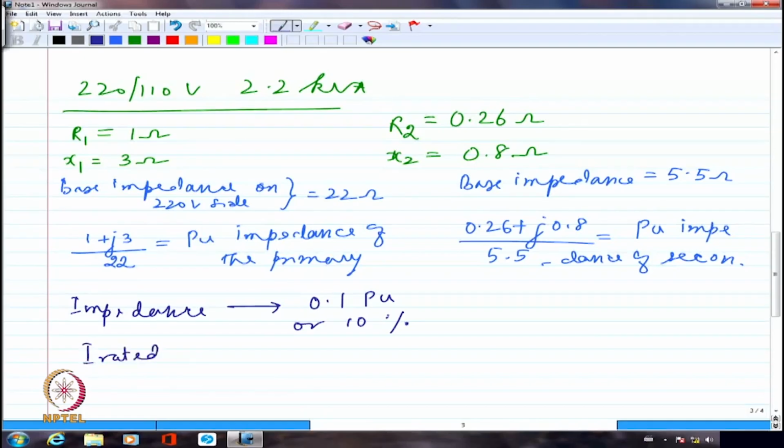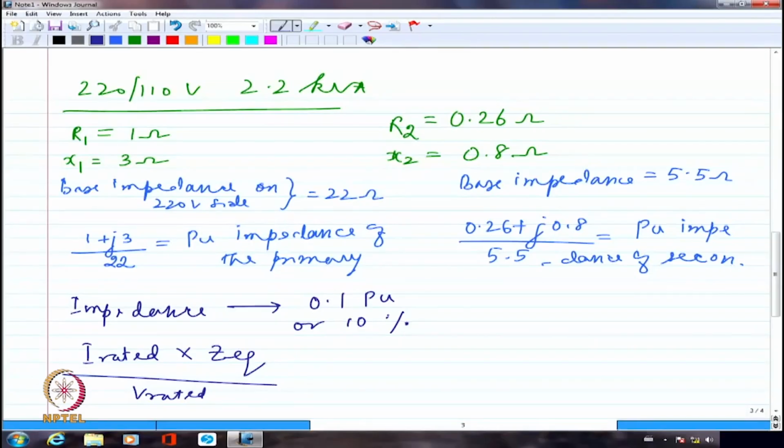The only thing you have to make sure is that I rated and V rated are taken completely on the LV side or completely on the HV side. Similarly, I take Z equivalent also completely from the LV side or completely from the HV side. I better take everything from one side. This is equal to 0.1.